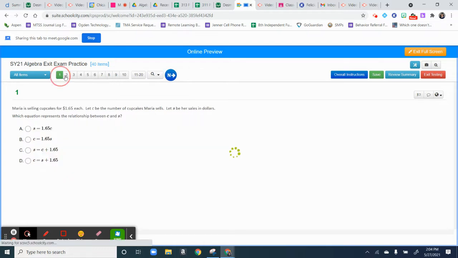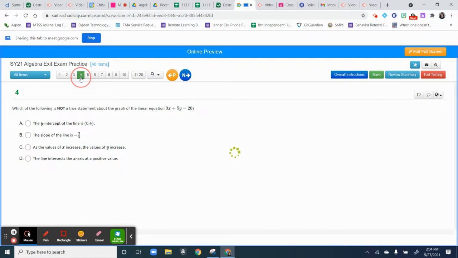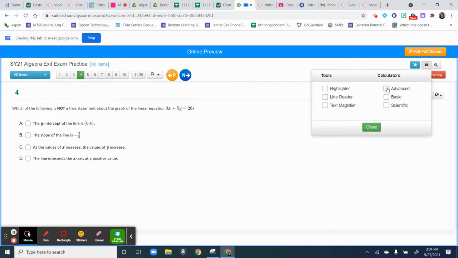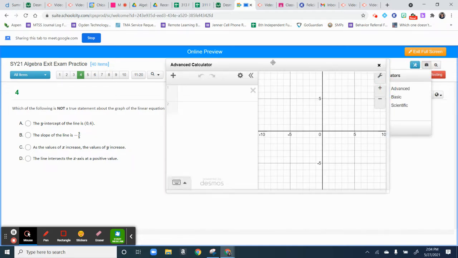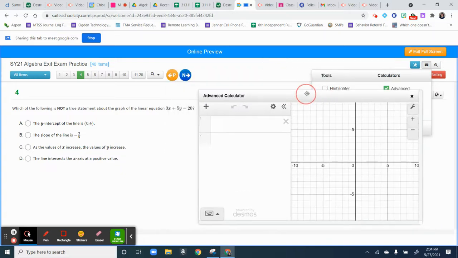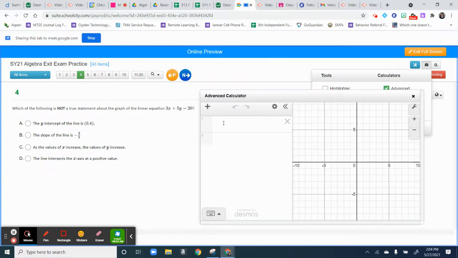So if I go here and I show you, question 4, when you're in here and you see this little toolbox right here, you click on it and you click on Advanced Calculator, a Desmos screen will pop up. This is the calculator that you should use.